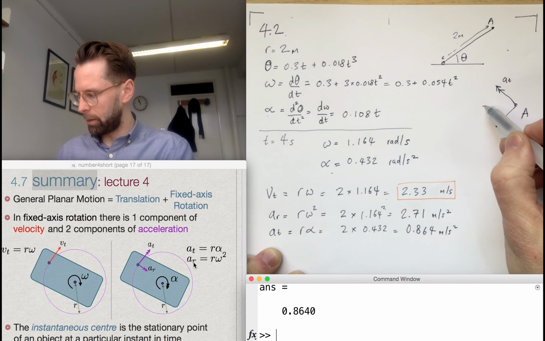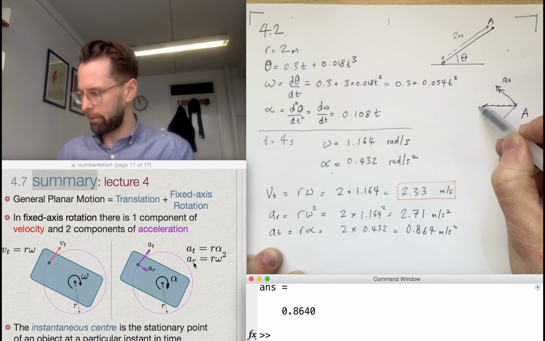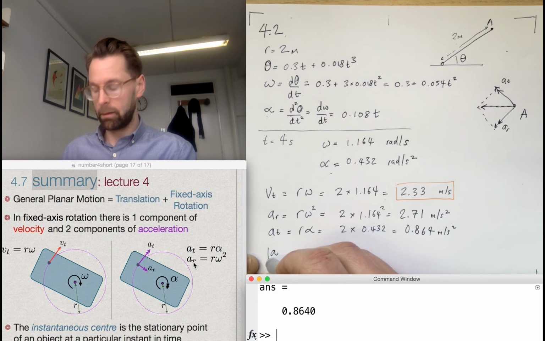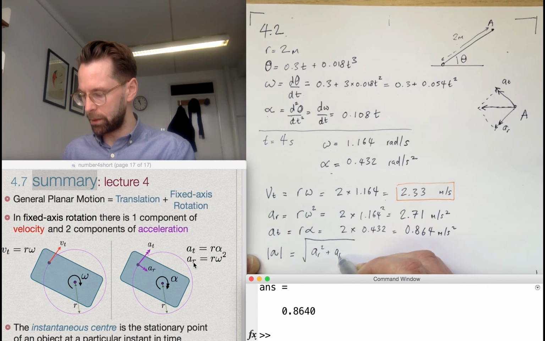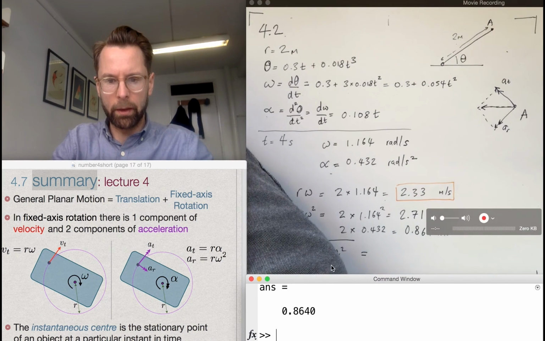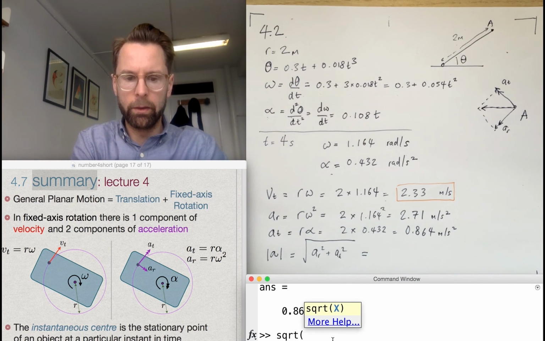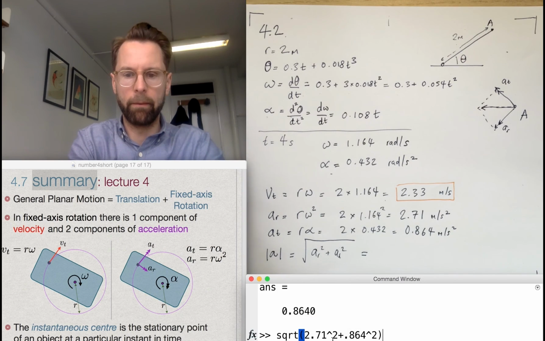So our total acceleration vector looks like that, and its magnitude is just calculated by Pythagoras, the square root of AR squared plus AT squared, which is the square root of 2.71 squared plus 0.864 squared.